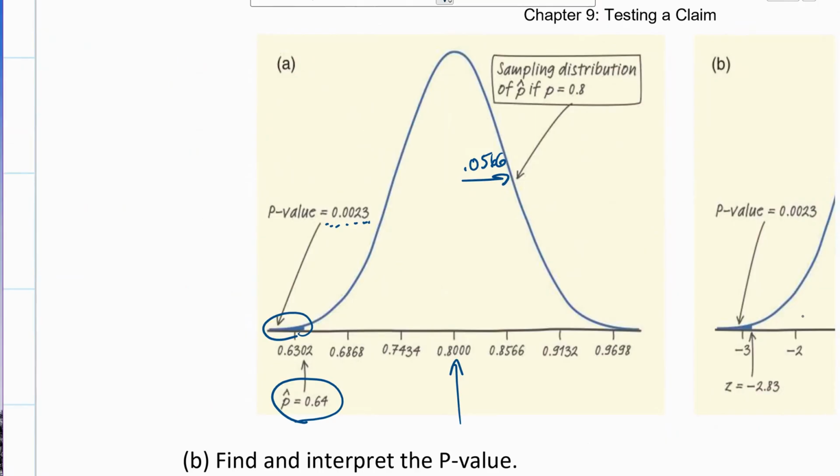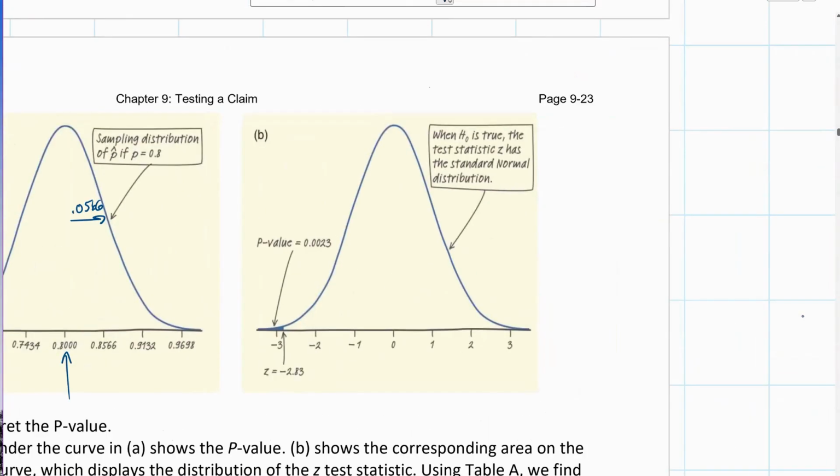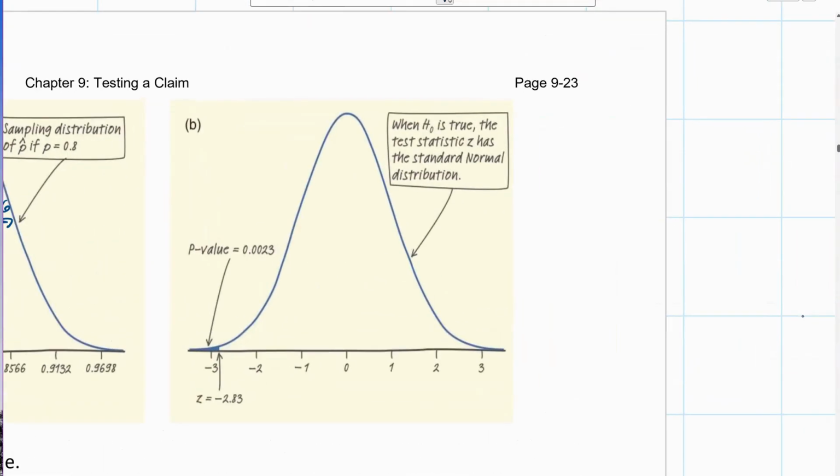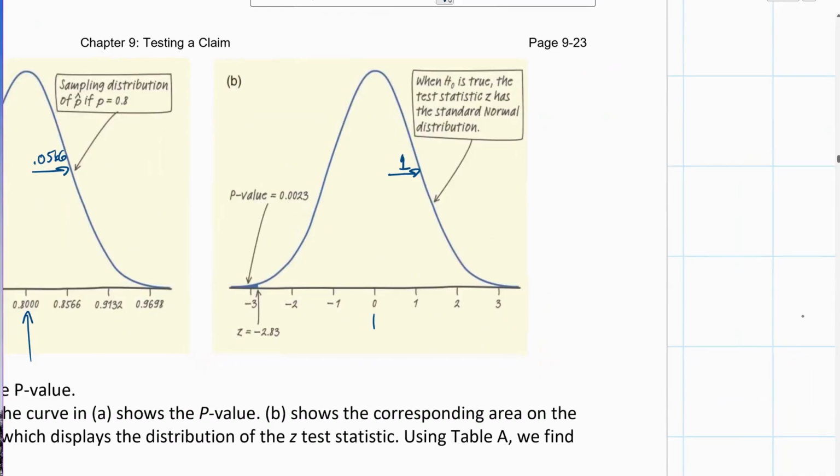Now, this is all true, but the College Board would like you to think about it in terms of this z distribution. The standard z distribution is centered at 0 and has a standard deviation of 1. And we have this test statistic, and we get the same p-value back out.